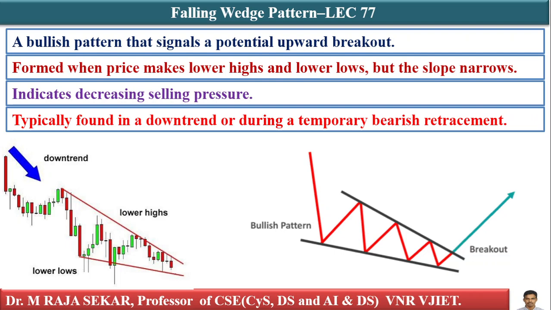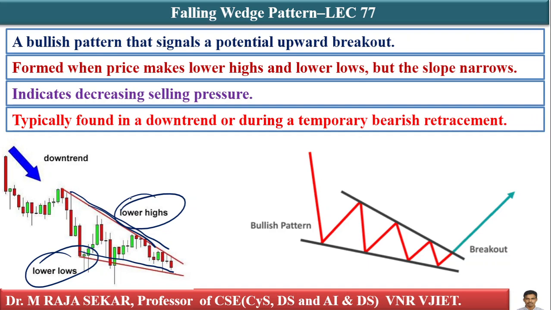It is formed when the price makes lower highs and lower lows while the range narrows, creating a wedge shape sloping downwards. This wedge is falling, and that's why it's a falling wedge.